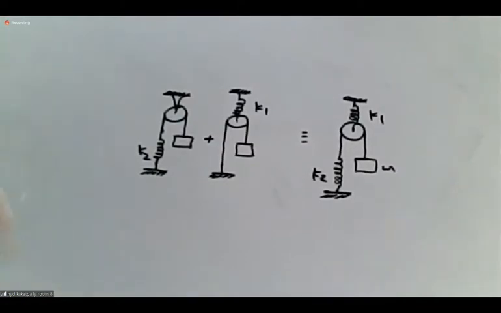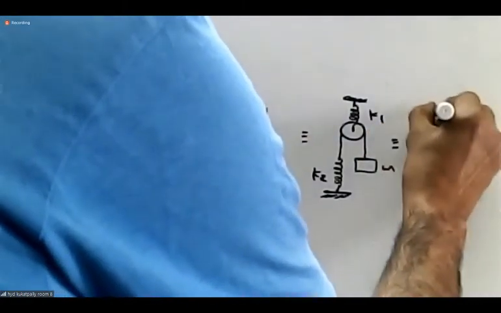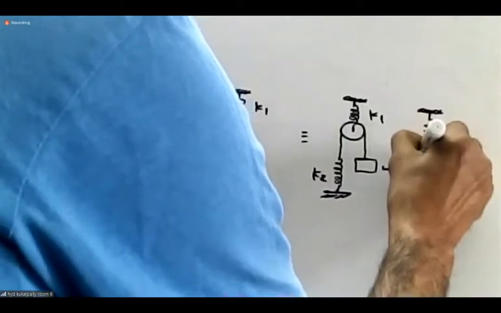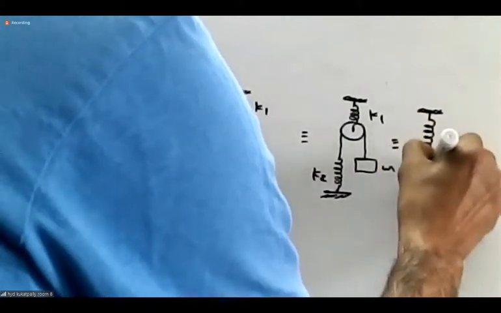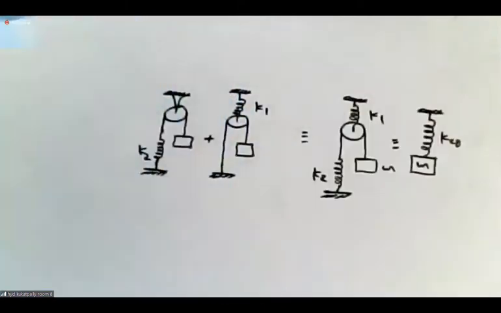Actually, it's a spring block system ultimately, so the system could be replaced with a single spring and block, K equivalent and M. Can replace like this.